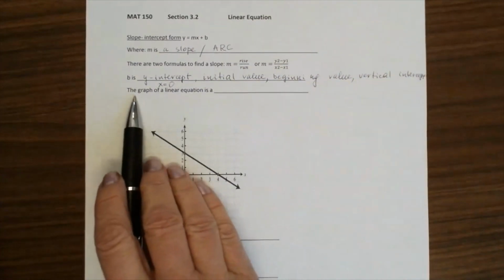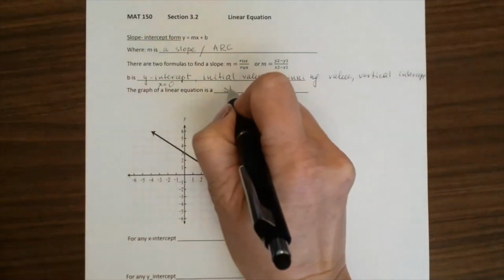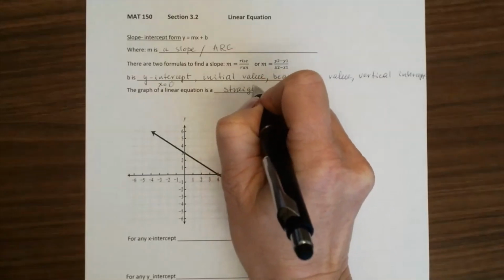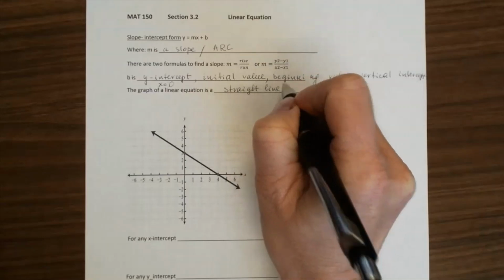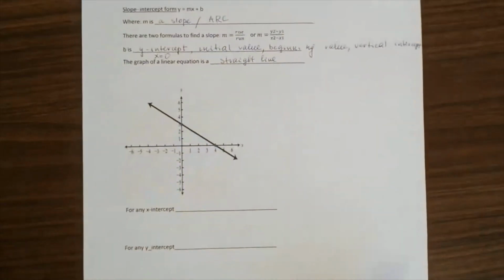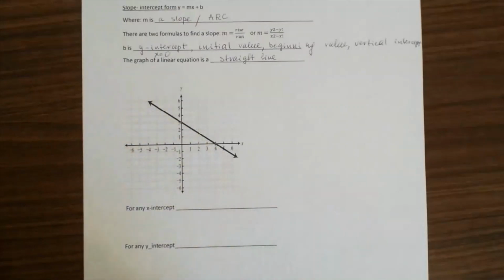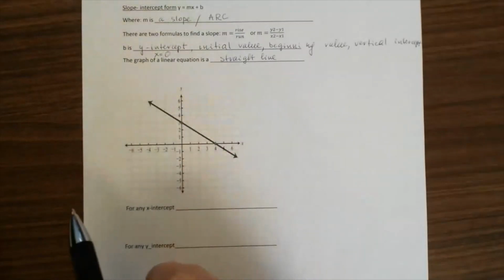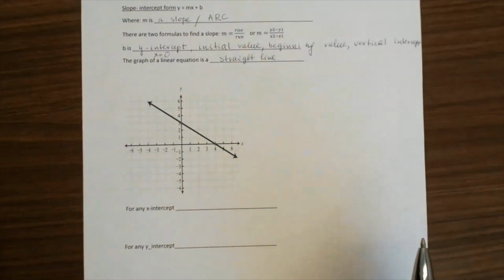And you're supposed to remember that the graph of a linear equation is a straight line. And this is the example of a line that can be written with a linear equation. Let's look at the graph and review a couple important points.